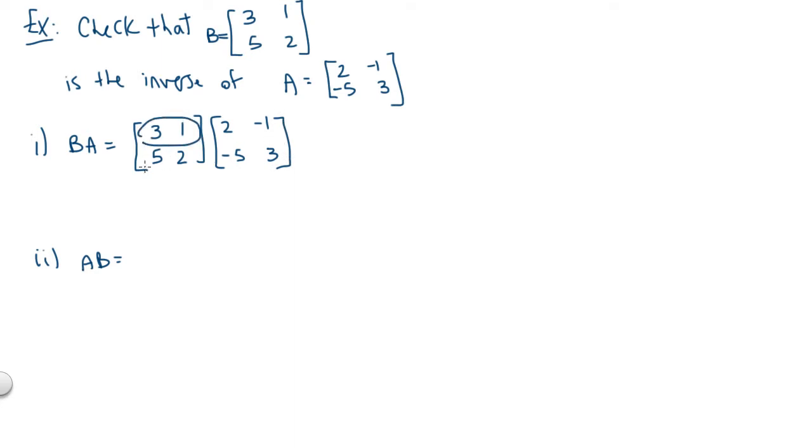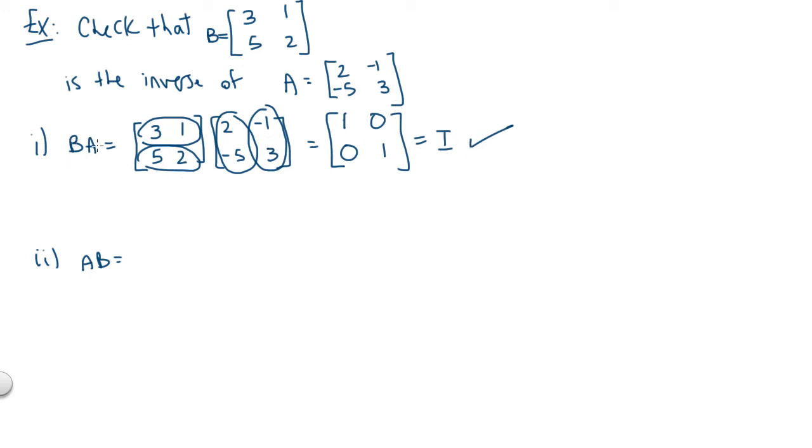We'll circle the rows of our first matrix and the columns of our second matrix, and we're going to build some dot products here. So row 1 dot column 1 is going to look like 1. Row 1 dot column 2, 0. Row 2 dot column 1, 0. Row 2 dot column 2, 1. Okay, so that's the identity matrix. That's exactly what we were looking for.